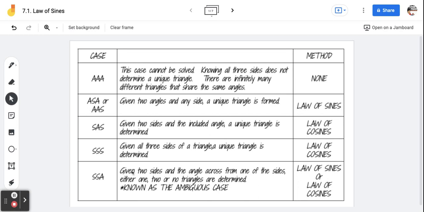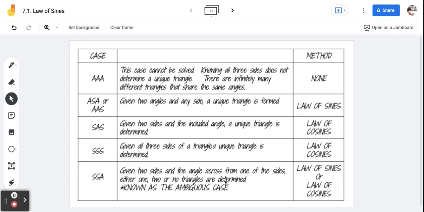So finding the extra angle, it could possibly be two totally different triangles that have those parts. So you might have to solve two totally different triangles, and that's why it's known as the ambiguous case, because it could be no triangles, it could be one triangle, and it could be two triangles. So the side-side-angle is going to be the case that is a little special, that we'll look at in a whole different section all by itself.